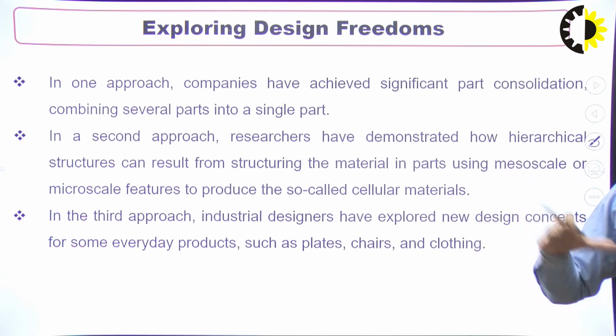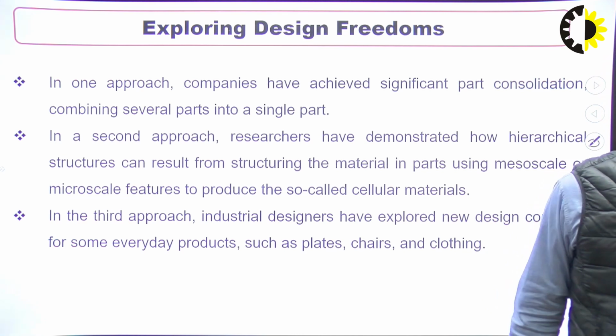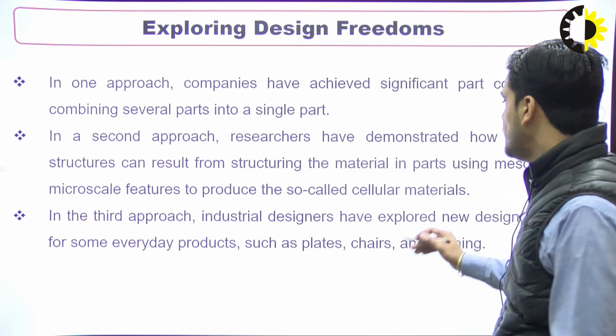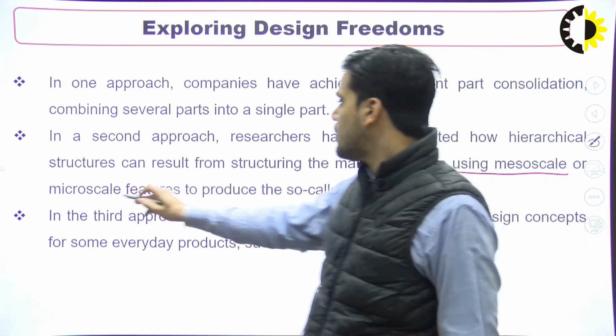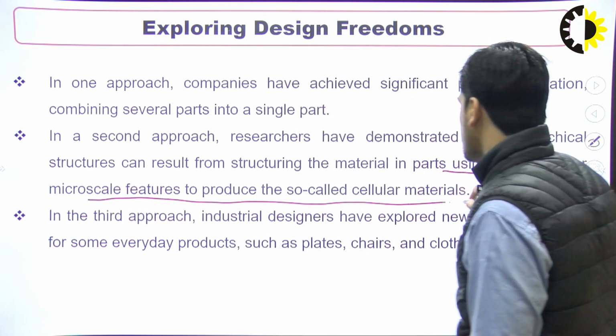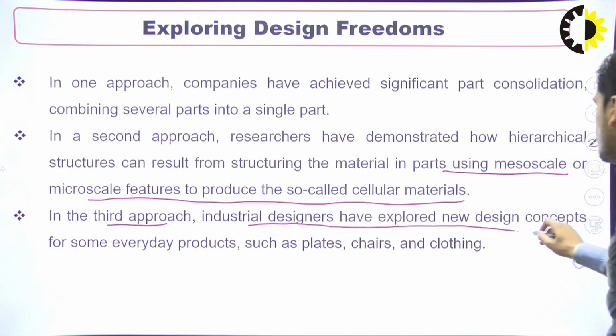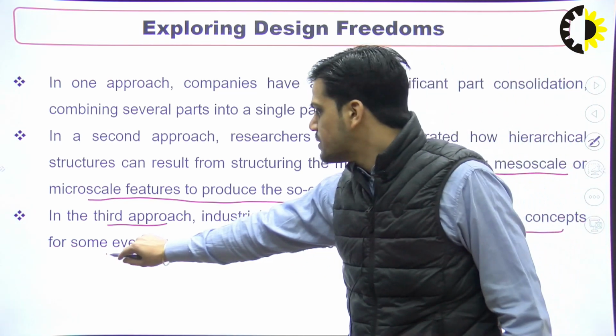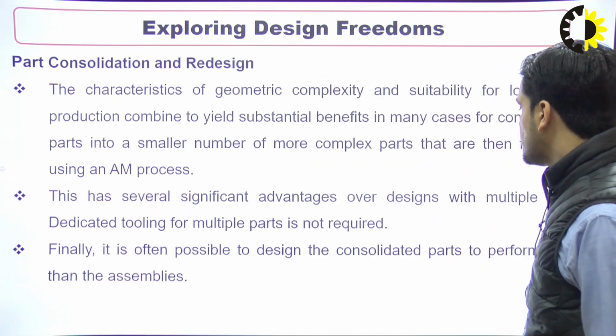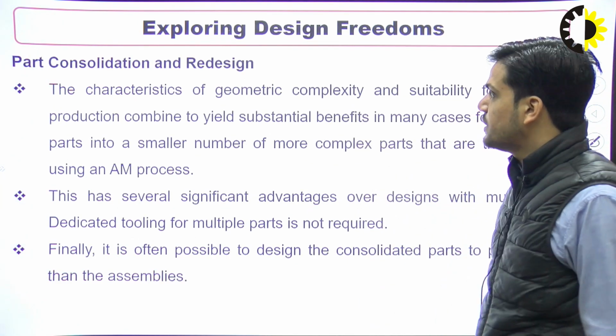In the second approach, researchers have demonstrated how hierarchical structures can result from structuring the material in parts using mesoscale or microscale features to produce so-called cellular materials. In the third approach, industrial designers have explored new design concepts for everyday products such as plates, chairs, and clothing.